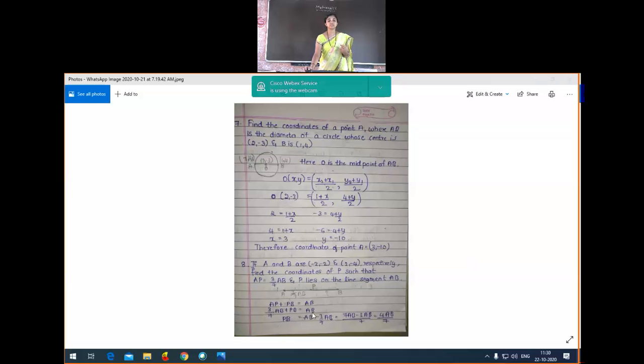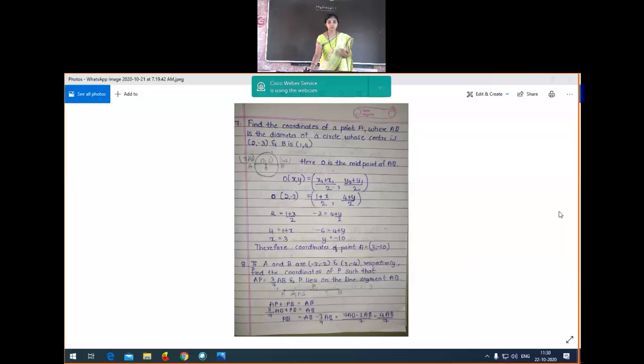Therefore PB equals AB minus 3/7 AB. Using the LCM method, that is (7AB minus 3AB) divided by 7, which equals 4AB/7. Now we got the ratio: AP is 3/7 times AB and PB is 4/7 times AB.